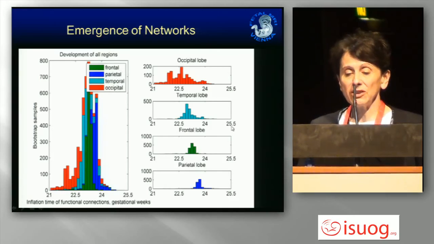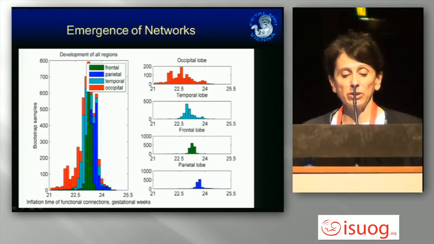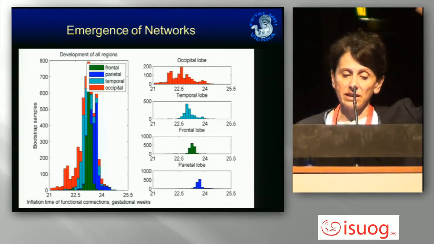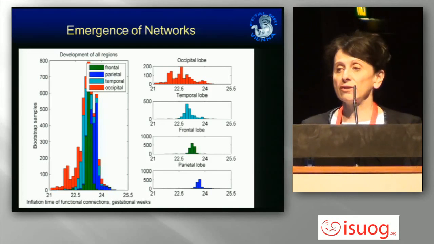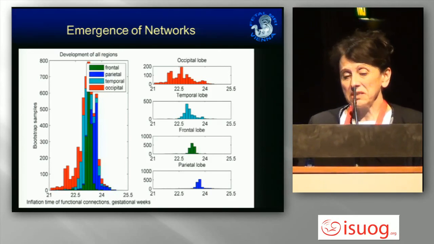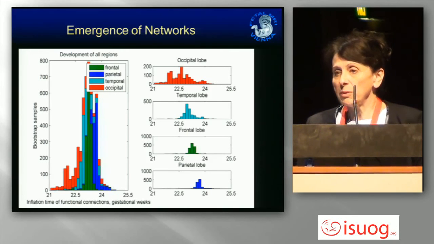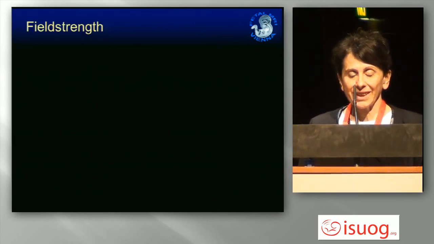Well, we found it not so surprising because this is exactly what happens with brain maturation. At first your visual sense develops, and then the hearing, and the motor, and at last the frontal brain. So perhaps this is correct, I don't know. We will see it in some years.